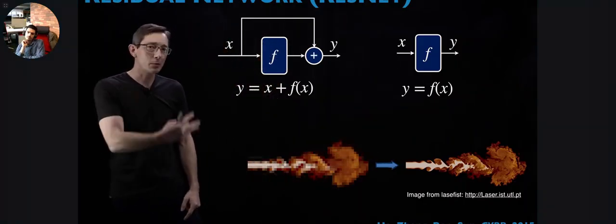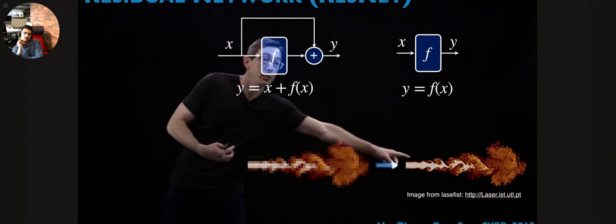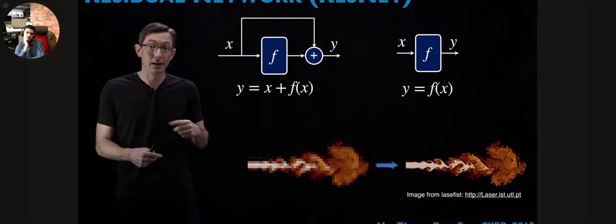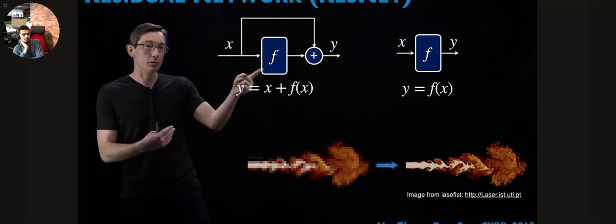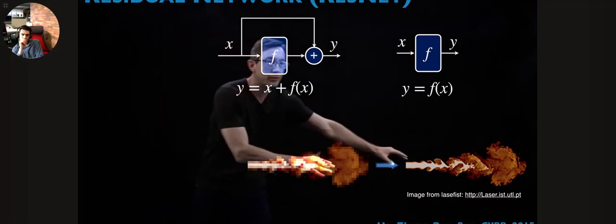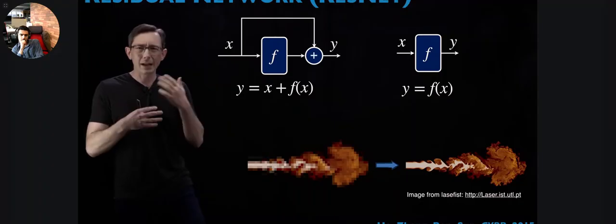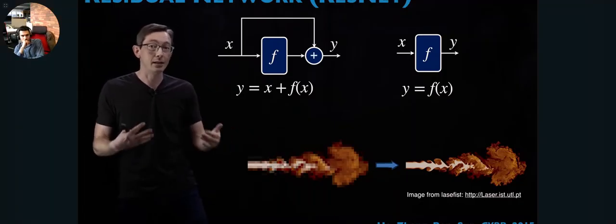Because in this super resolution task, most of the information in the output Y actually does already exist in this low resolution input X. And there is a relatively small residual F that captures all of the little features that I'm trying to model here. So we'll get into why this is a good idea later, and this is a good idea for lots and lots and lots of reasons.